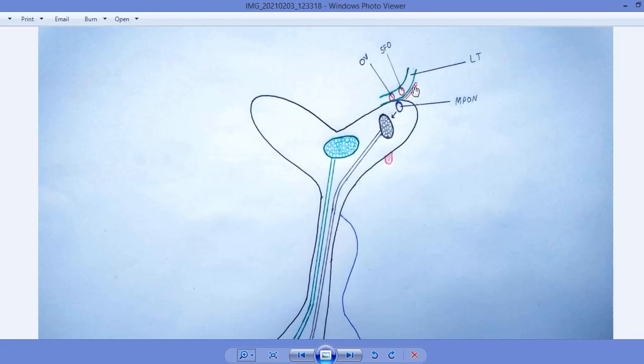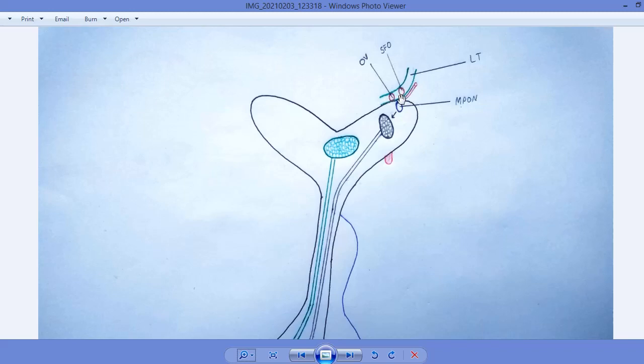Here the capillary is a normal capillary, not making any blood brain barrier, so the blood can flow from this capillary to these cells. This blood can bathe these groups of cells.